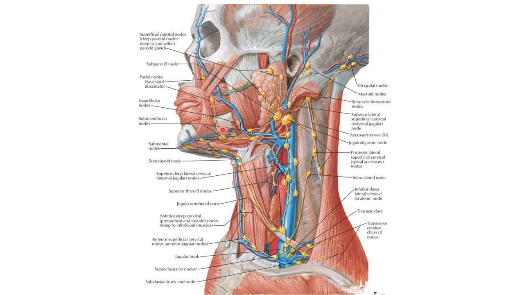So let's just take a particular look at the labeled lymph nodes. You have to understand that these are highly variable. Okay, the anatomy of the lymphatic vessels are highly variable. So first you have your facial nodes, in particular the nasolabial and the buccinator nodes.